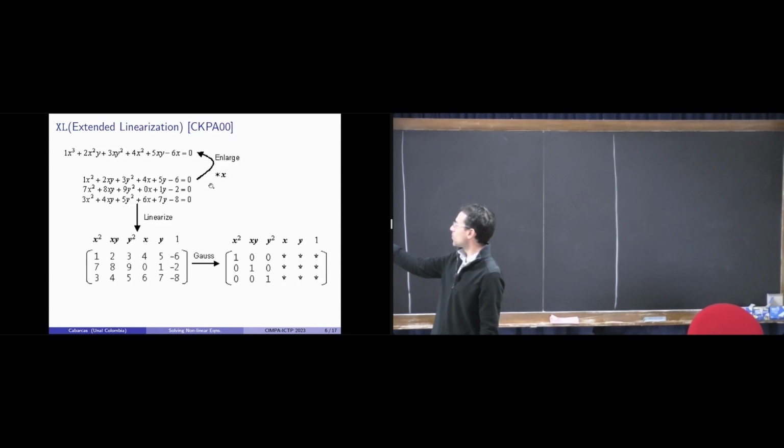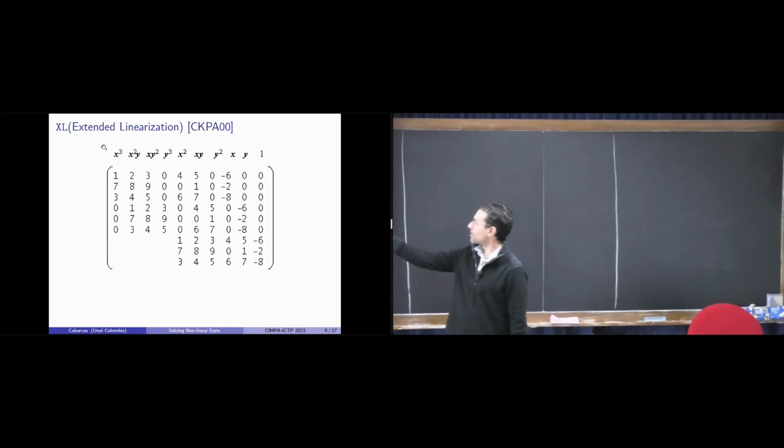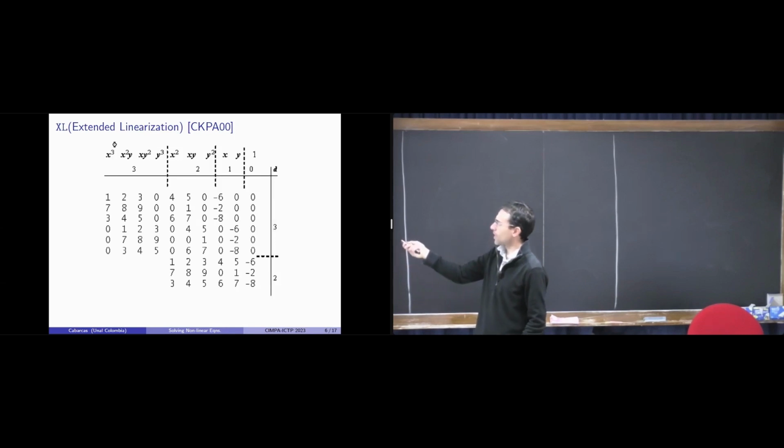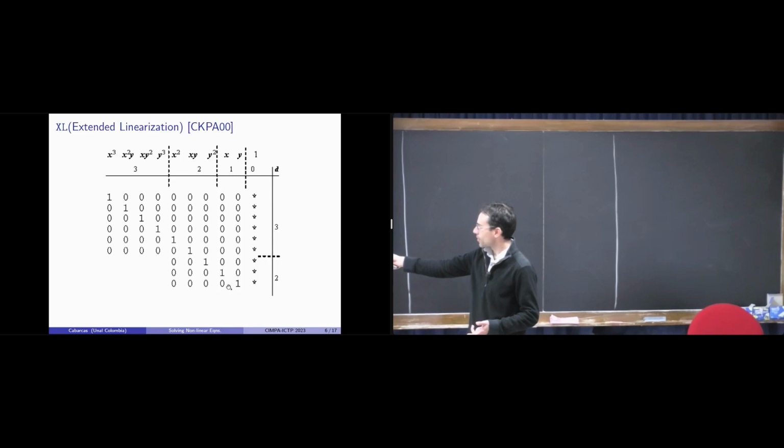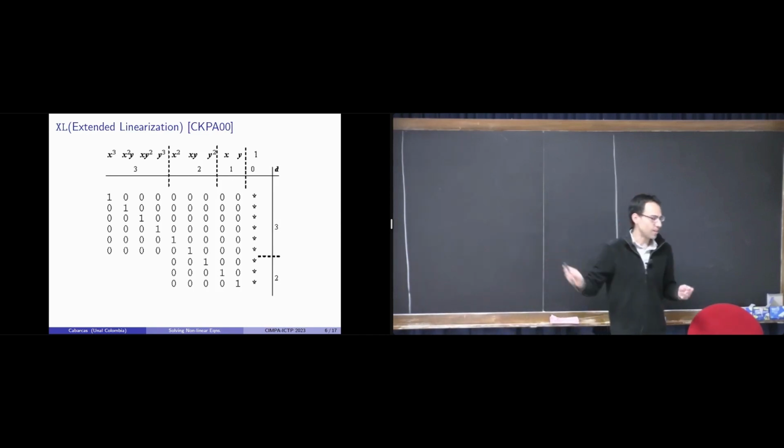So what we do is we expand by multiplying by variables to get more polynomials. As we get more polynomials, we get these 6 new polynomials. We put them in a big matrix together with the original 3 ones, and then we row reduce that matrix. And hopefully at some point, we will get a solution to the system or a Groebner basis. In this case, we get 2 linear equations at the end. They correspond to linear equations in the 2 variables. We get the unique solution of this system.